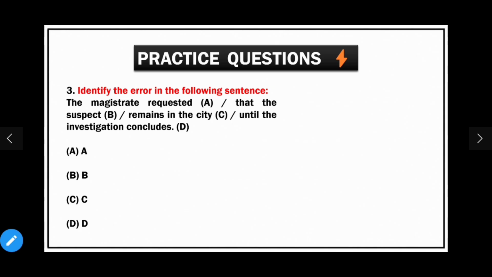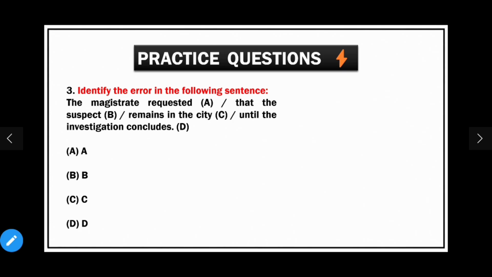So next question, we have to find out again. "The magistrate requested that the suspect remains in the city until the investigation concludes." So, third question: identify the error in the following sentence.